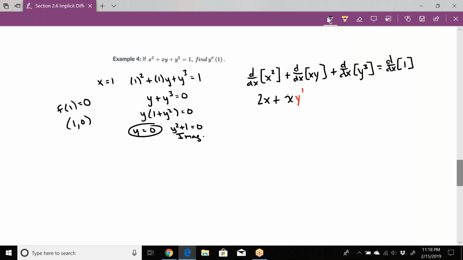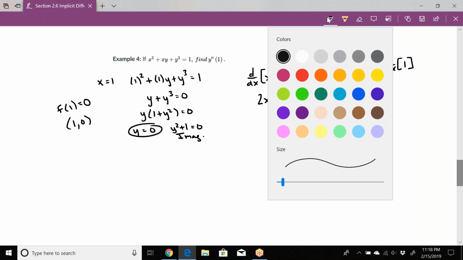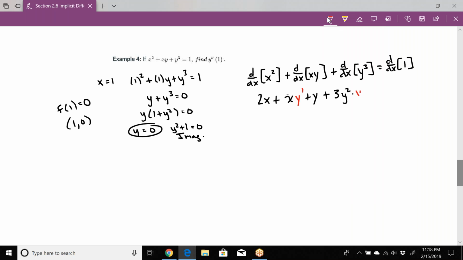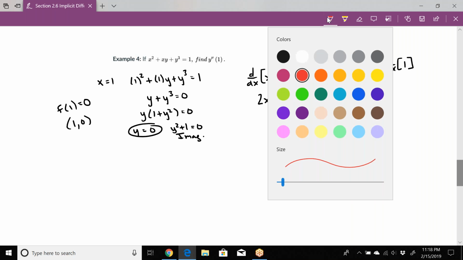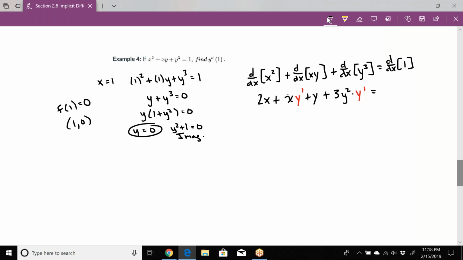Then we write plus second times derivative of the first, which is x, which would just be a 1. So this little piece, this binomial, is that product rule. Plus, this is y, so we're going to get a 3y squared, but we have to tack on that chain of a y prime. And then equal to 0.